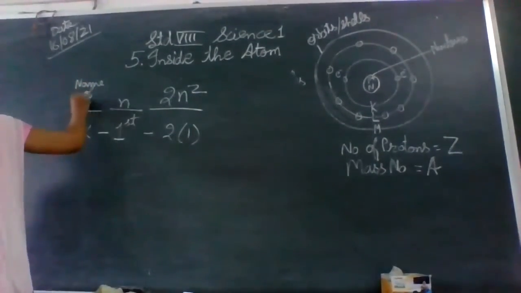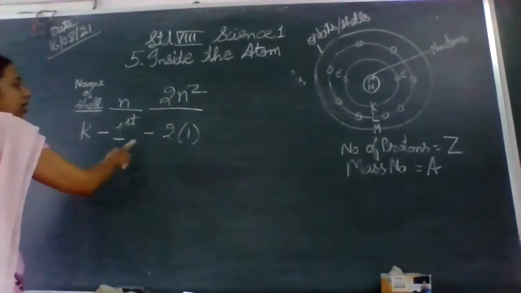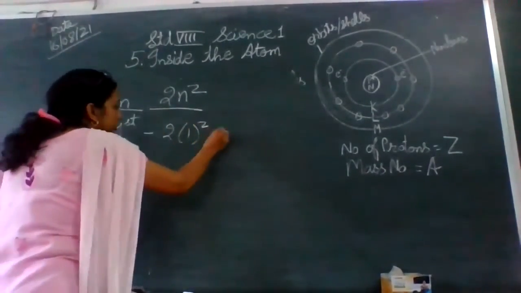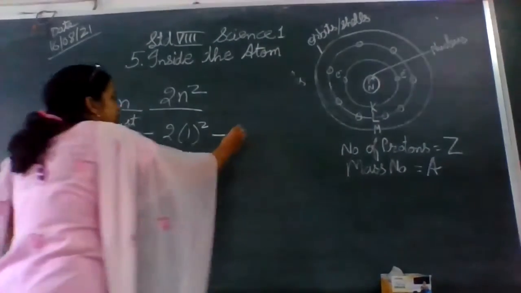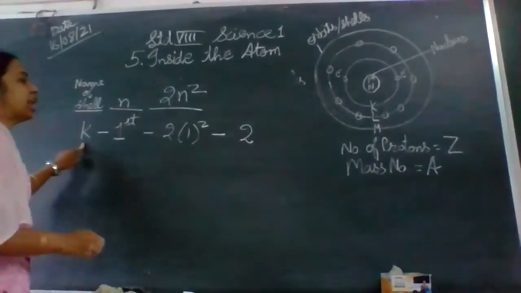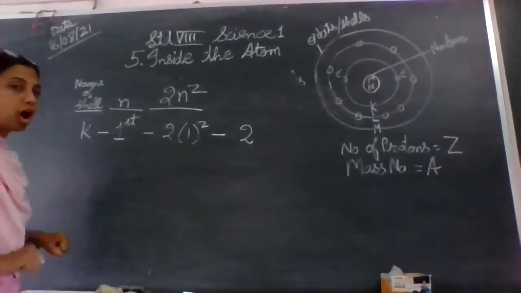We put the number of that shell in this formula to find out the number of electrons present in it. Obviously, the answer comes to 2, and the K shell can accommodate only 2 electrons.